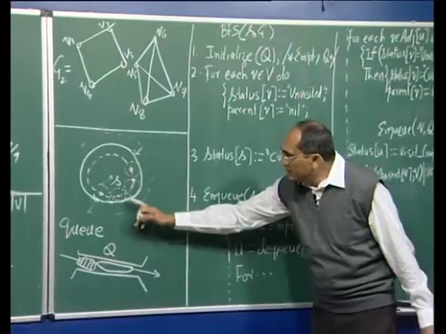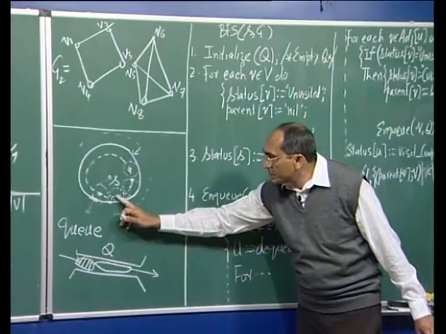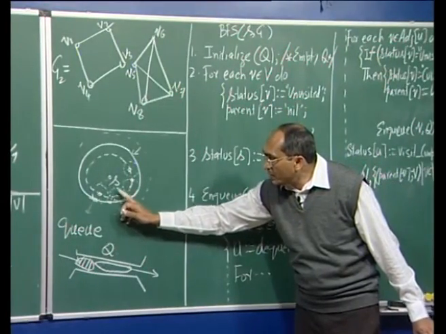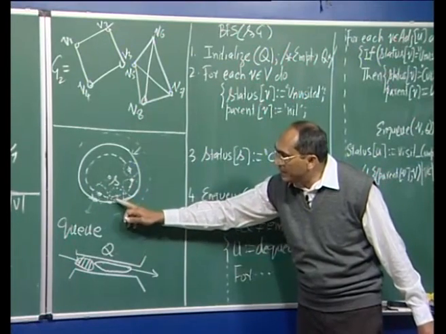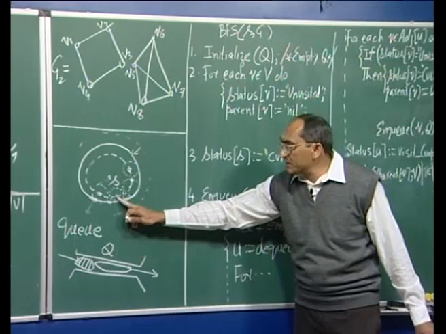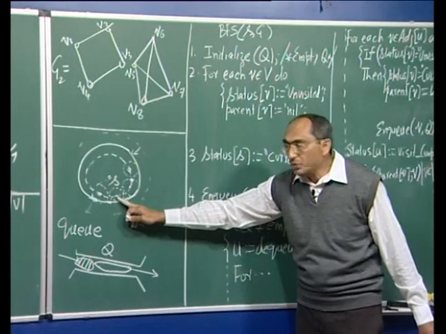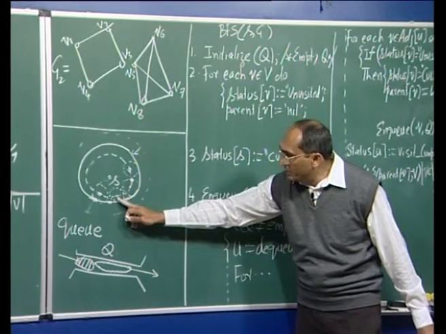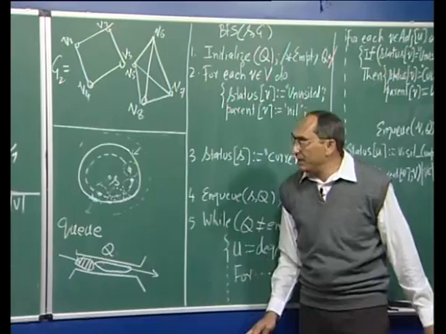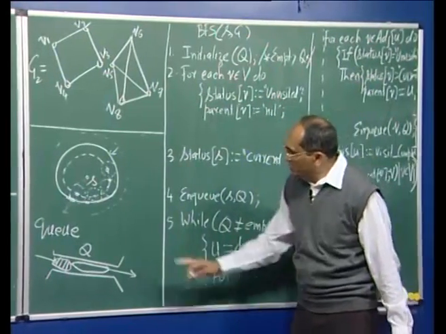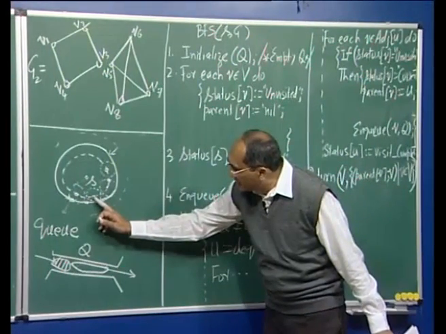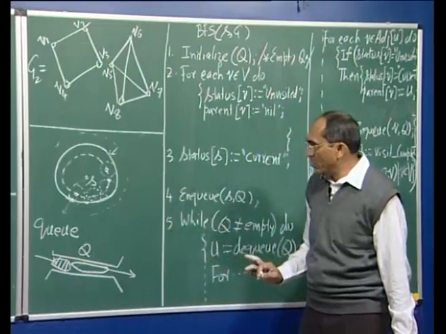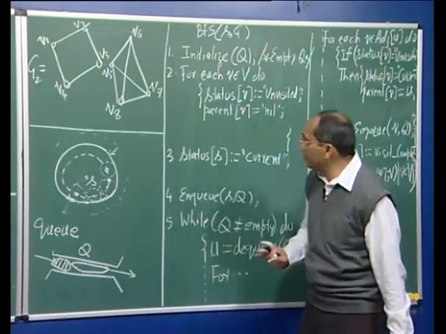Now, as you notice, we explore the neighbors of a vertex once, and then this vertex is of no use for us. So, in case we revisit it, we want to make sure that we do not again do the exploration starting from that point, the so-called expansion from that point.